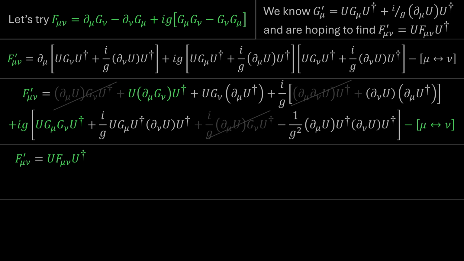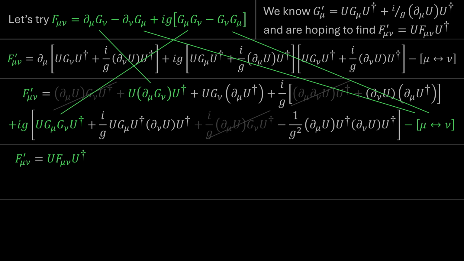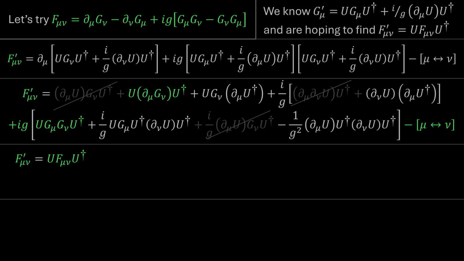And when you put all those 4 terms together, you recognize them as the 4 ingredients in our proposed definition of the field strength tensor. And so, okay, sweet, let's gather all those up into the f mu nu in a u dagger sandwich. And now the question becomes, is all this other stuff going to cancel out? Well, it better. Alright, let's see if we can demonstrate that.